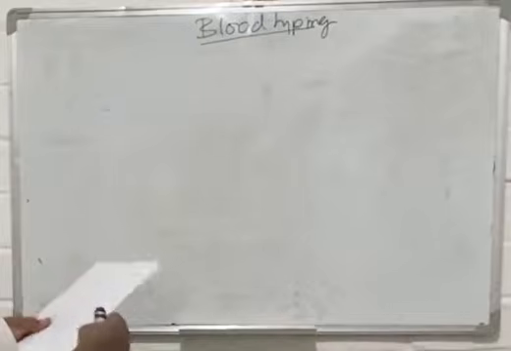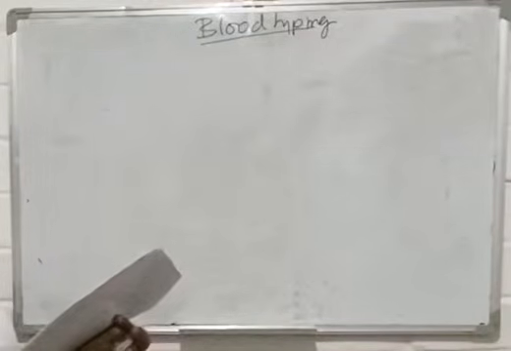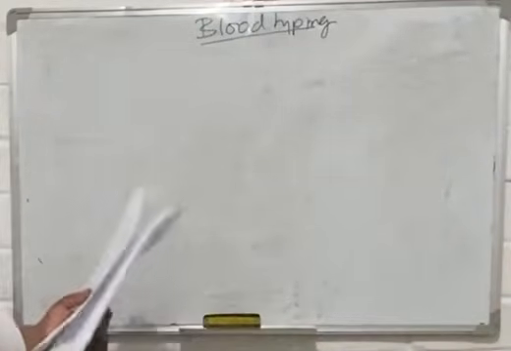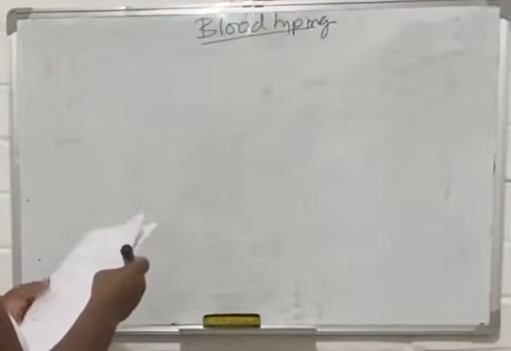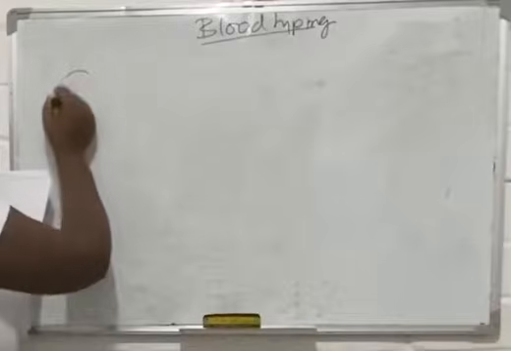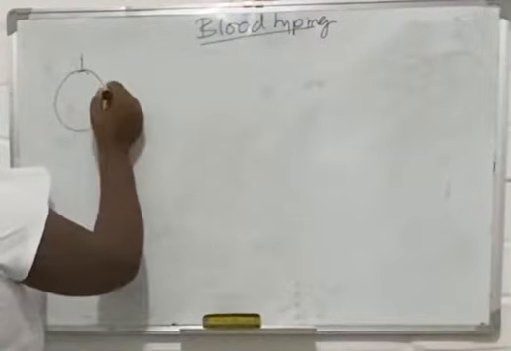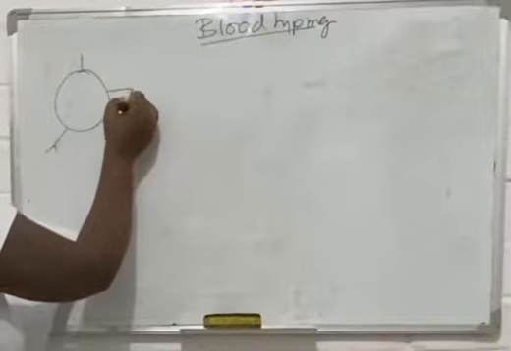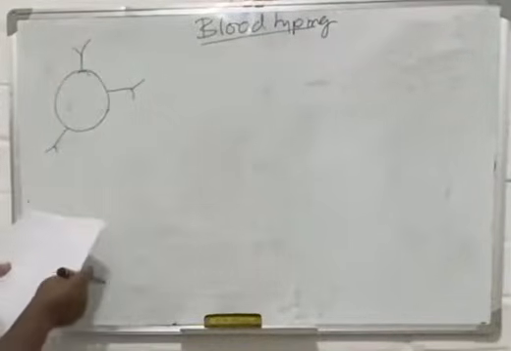Okay, so there are several terms that we need to get acquainted with as we're talking about blood typing. And the first one is the proteins that are found on the surface of the red blood cells, okay?